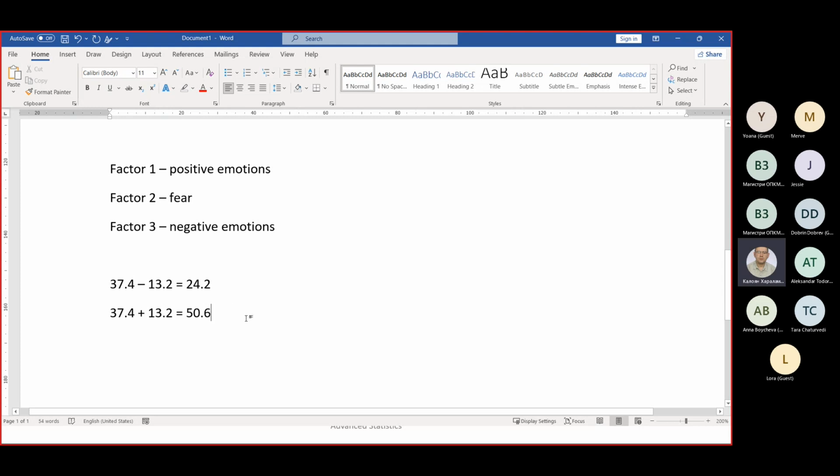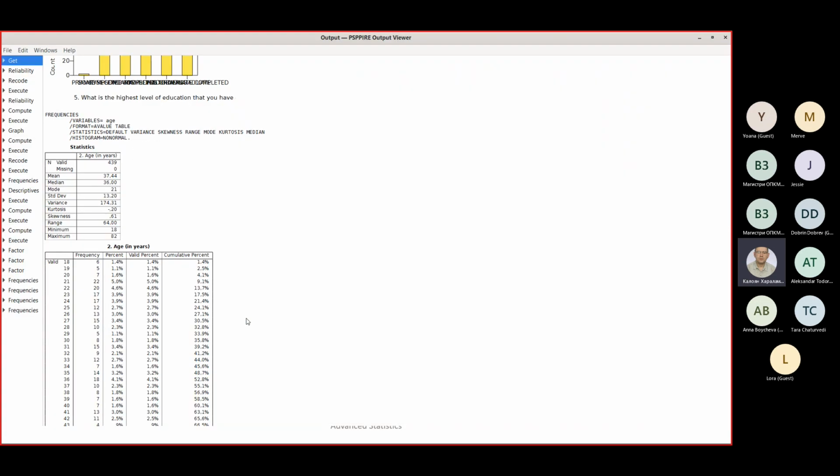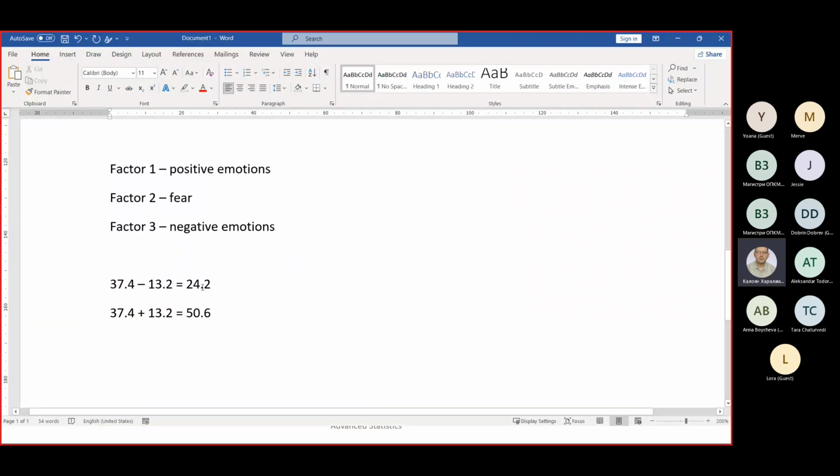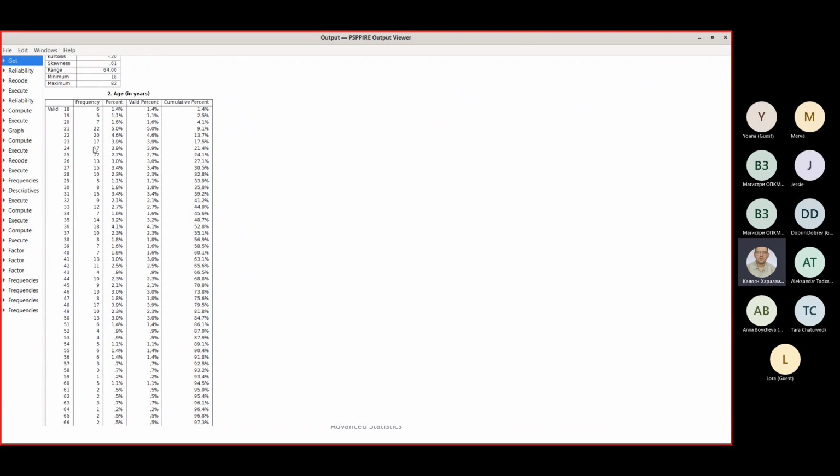These numbers show that most of the persons, the biggest part or the biggest percent of the persons of our population, are between 24 and 50 years of age. So 24 is here, 50 is here.